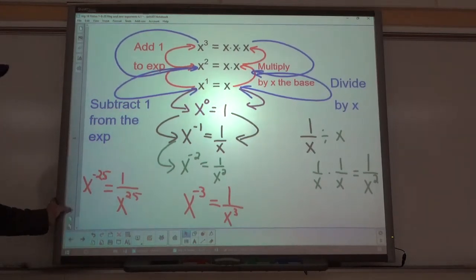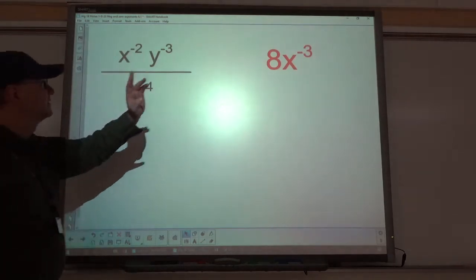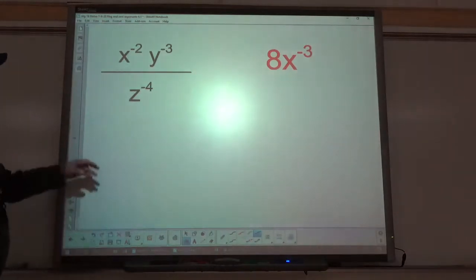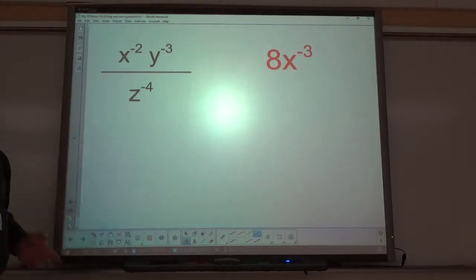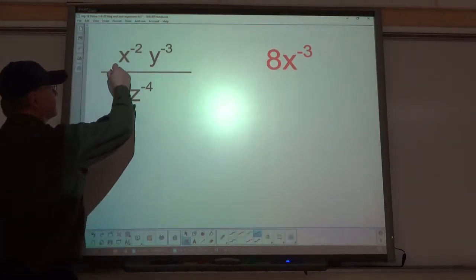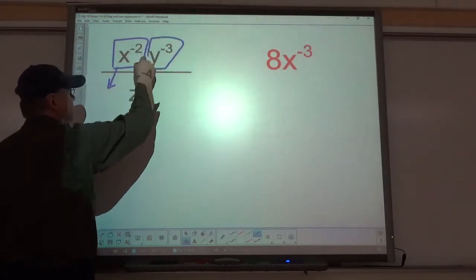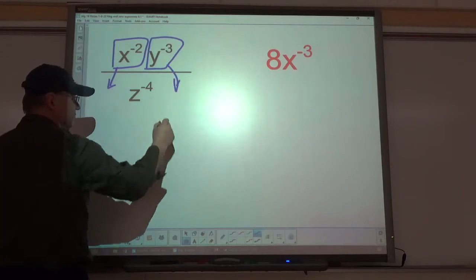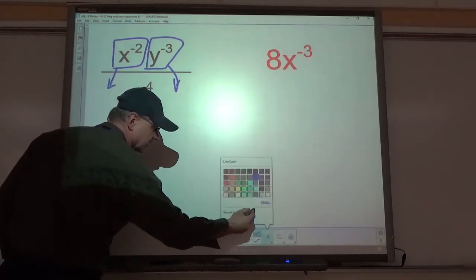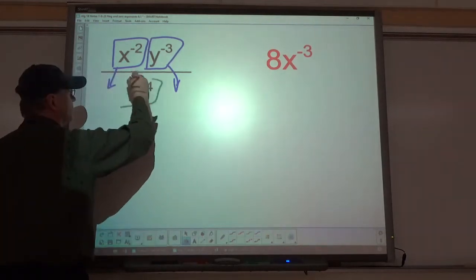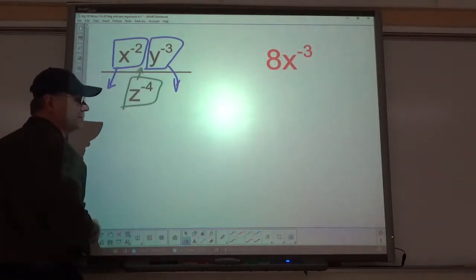So let's see that in action. Let's start with this one. I want these to have a positive exponent, so I'm going to just take this, move it down. That's going to make it a positive exponent. Move this one down, and I'm going to take this one and move it up.